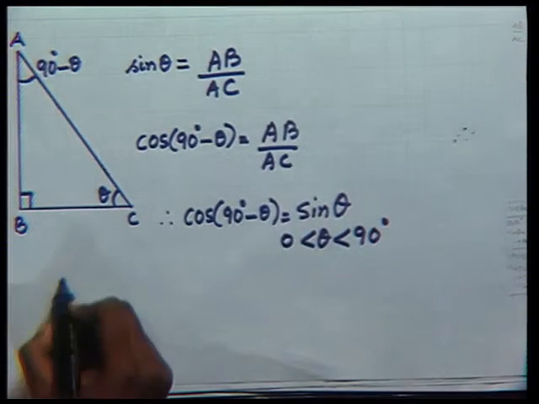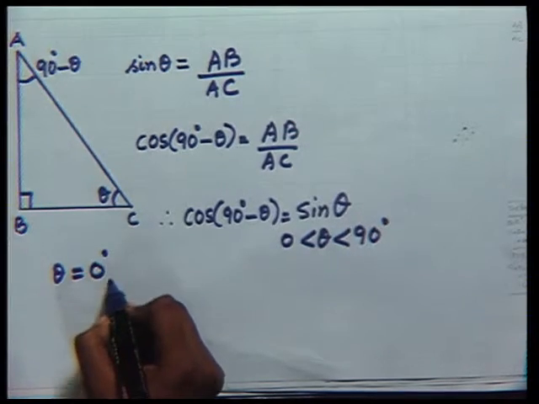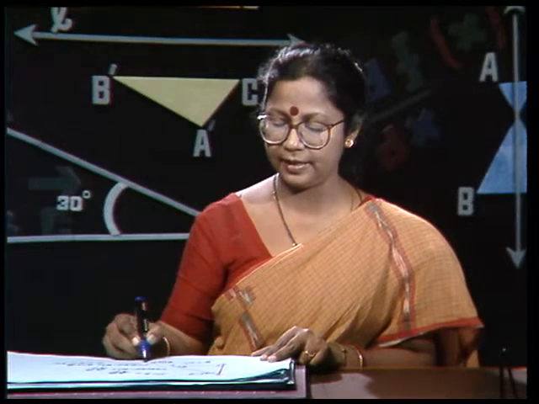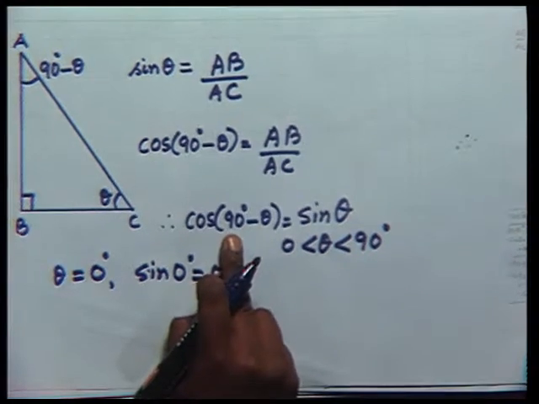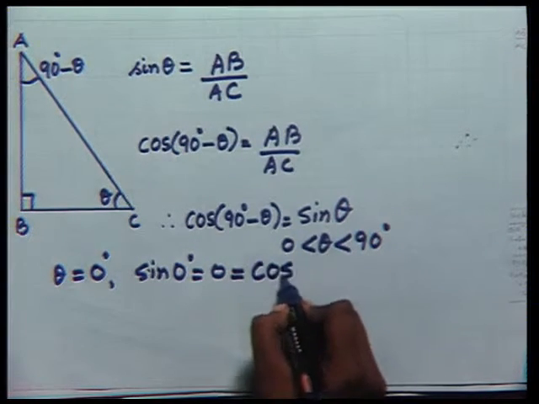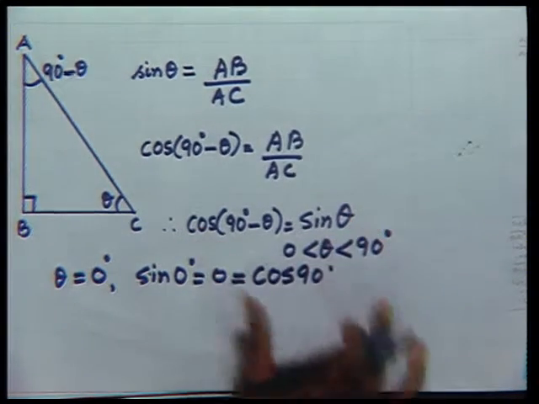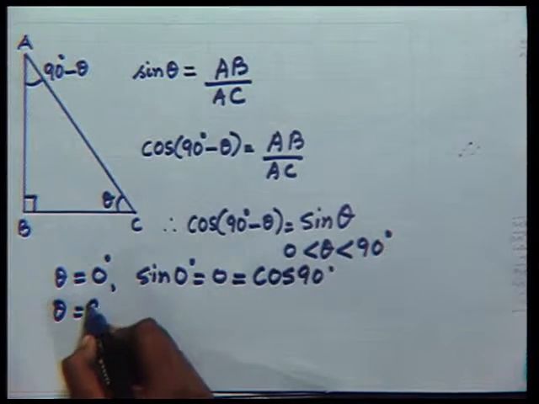You can also check that for theta equal to 0 degrees, sin of 0 as we already said is equal to 0, and cos(90 minus 0) becomes cos 90 whose value is again 0. So, for theta equal to 0 degrees, this equation is defined. Let us check for theta equal to 90 degrees.